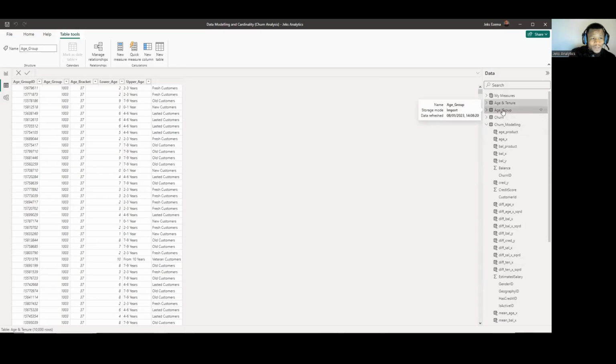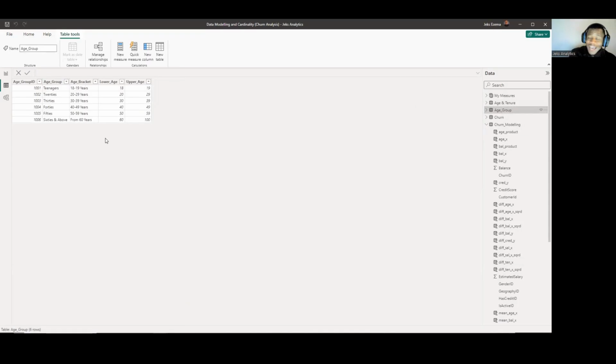This is the age group, which is a dimension whose primary key, remember what I said about every secondary key being a primary key in its own table. So this is the place where age group ID is a primary key. In its own house, it is a primary key.